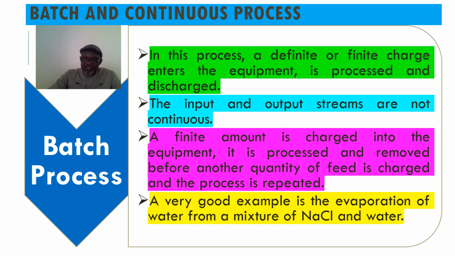Now, another good example, in simple terms, is the production of our soup. It's a chemical process. Somebody who has a function, maybe it's a wedding reception or it's a burial, you find out that if the person wants to cook food that will serve maybe 1,000 persons, there's every likelihood the person cannot cook it as a continuous process where you keep adding the soup ingredients and the guests will at the other end keep collecting the finished food.